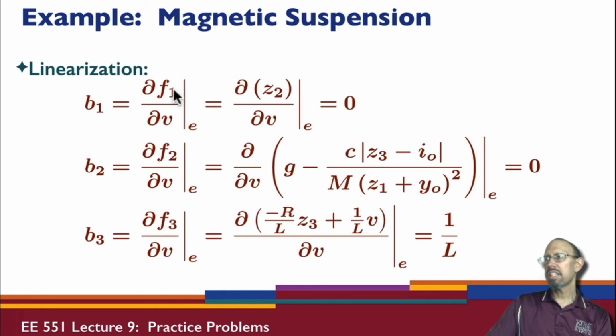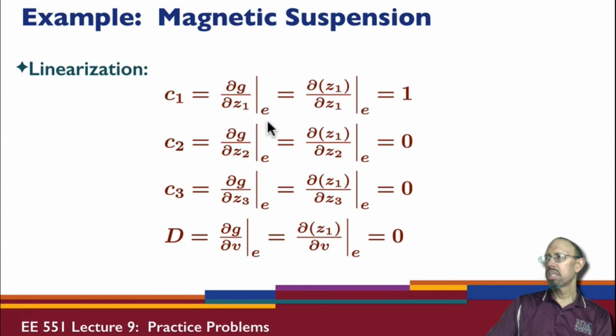In this case, f1 is just z2, and the partial of that with respect to v is 0. Partial of this with respect to v, since this is not a function of v, is equal to 0. And then here we have this term. This is a function of v, so the partial of that with respect to v is just 1 over L.